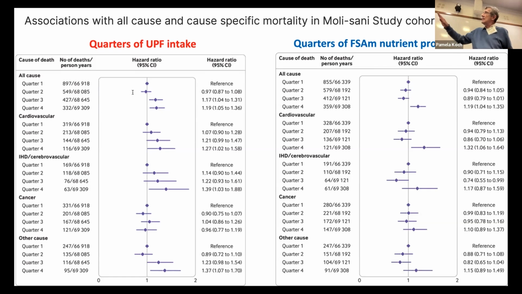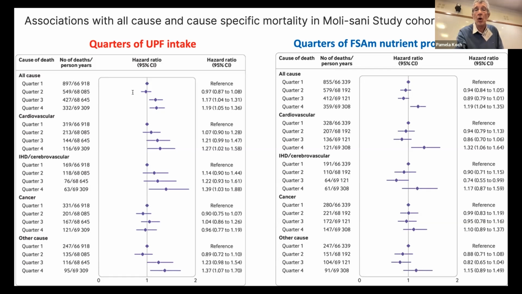So if you see this, it's quite clear that on the left side for UPF, except for cancer, but in all the other outcomes, you have a dose-response association. More UPF, higher risk of mortality, cardiovascular, et cetera. If you look at the right, it does not look dose-response, right? So take the first one.